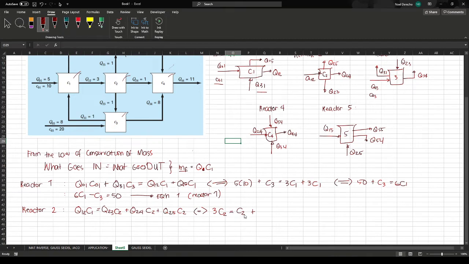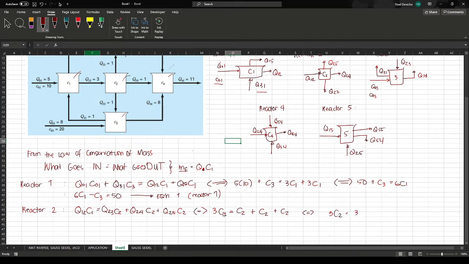C2 times Q24, which is 1 also, so that is C2, plus Q25, which is 1, so that is C2. So that is equivalent to 3 C2 is equal to 3.